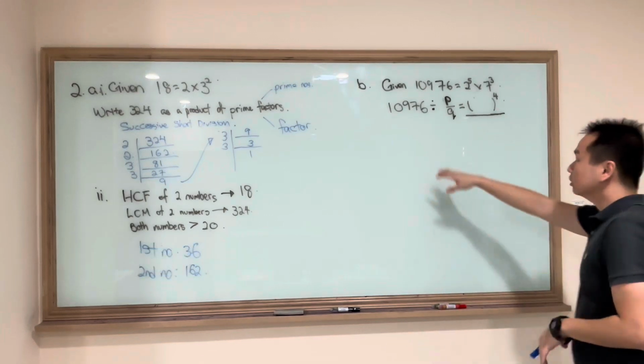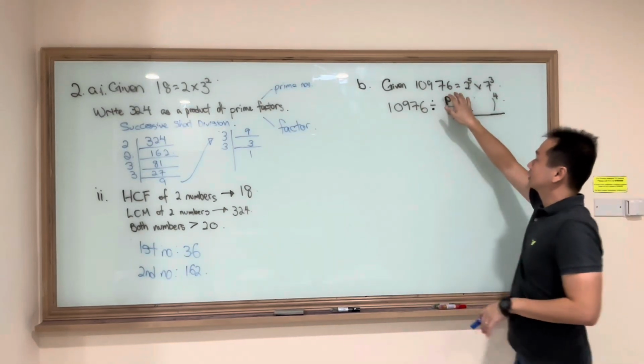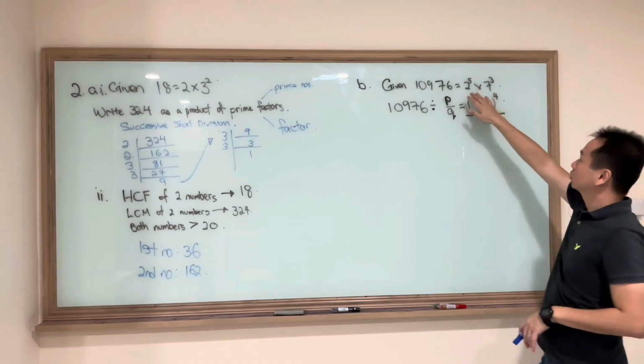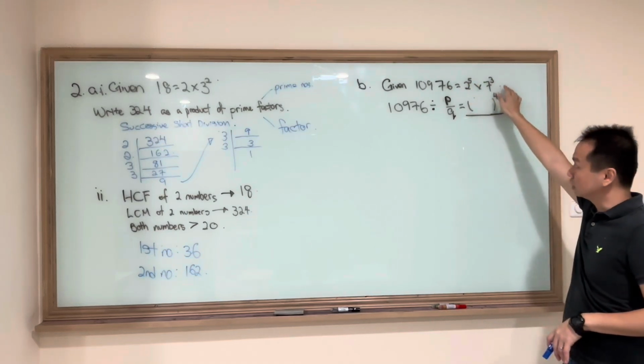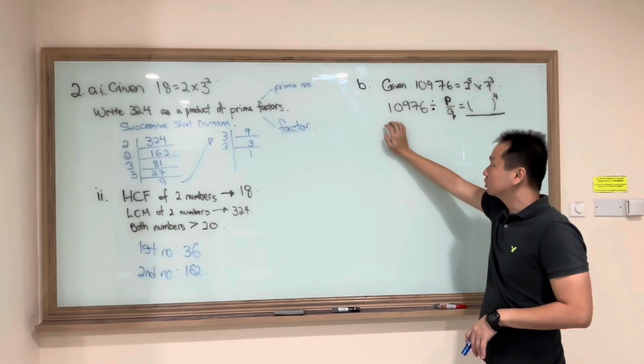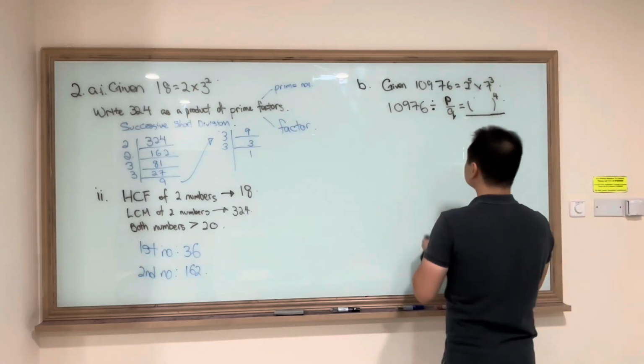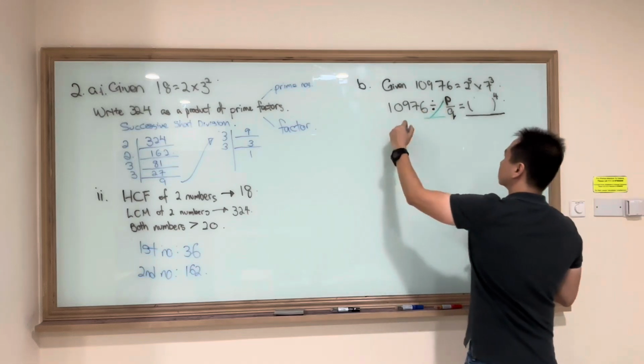It says given 10976 as a prime number, prime factors of 2 to the power of 5 times 7 to the power of 3. And then 10976 divided by P over Q, where P and Q are prime numbers.